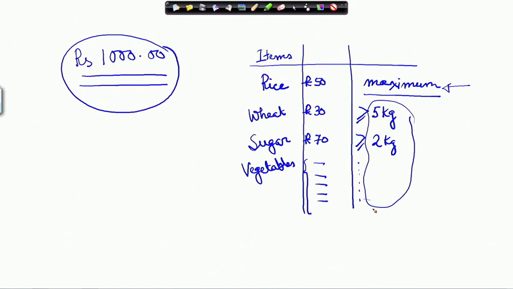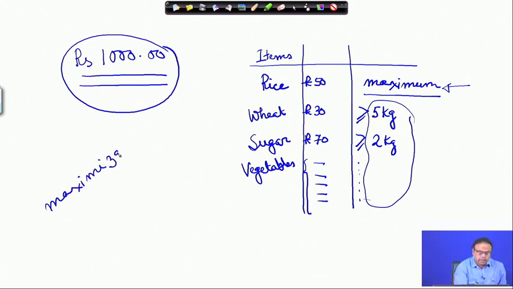So, this is another problem when you go to the market. Such a thing is always told, or we have in mind that we have to cover these items, and there is a cost for that, and we have to satisfy the cost. So, this is another type of problem. We can see this is a maximization problem, or in problem solving terminology, we also sometimes call similar problems optimization problems.